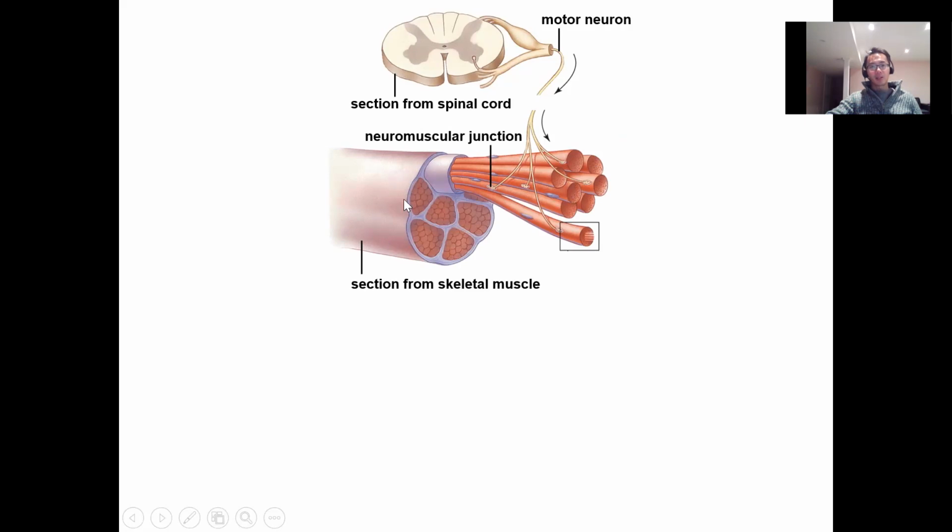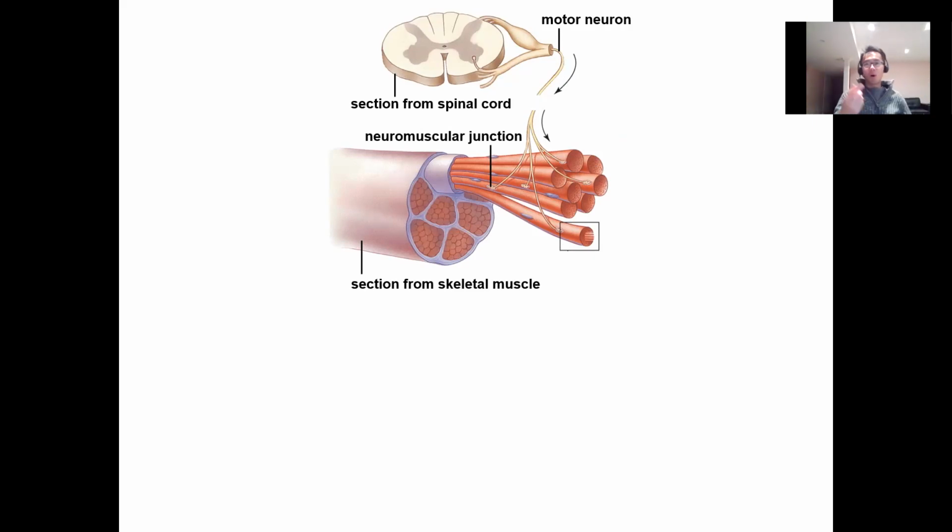Okay, so this is skeletal muscle. You can see that's a fascicle right here. So these are individual muscle cells. So a single motor neuron can make connections with hundreds and thousands of these muscle fibers. And you need it, right? Like if you lift something heavy, you need to have a bunch of muscle fibers to produce enough force for that lift.